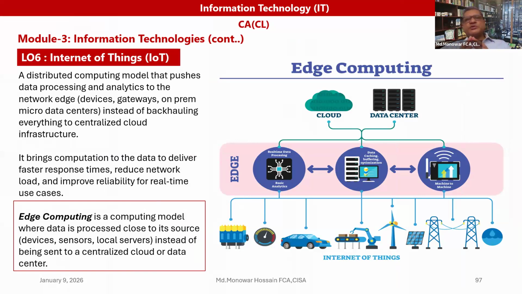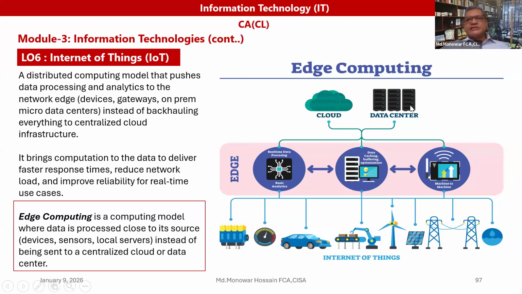That distributed computing model processes and analyzes data at the network edge instead of in centralized infrastructure, because it brings computation to the data, delivers faster responses within time, reduces the network load, and improves the reliability of real-time cases.